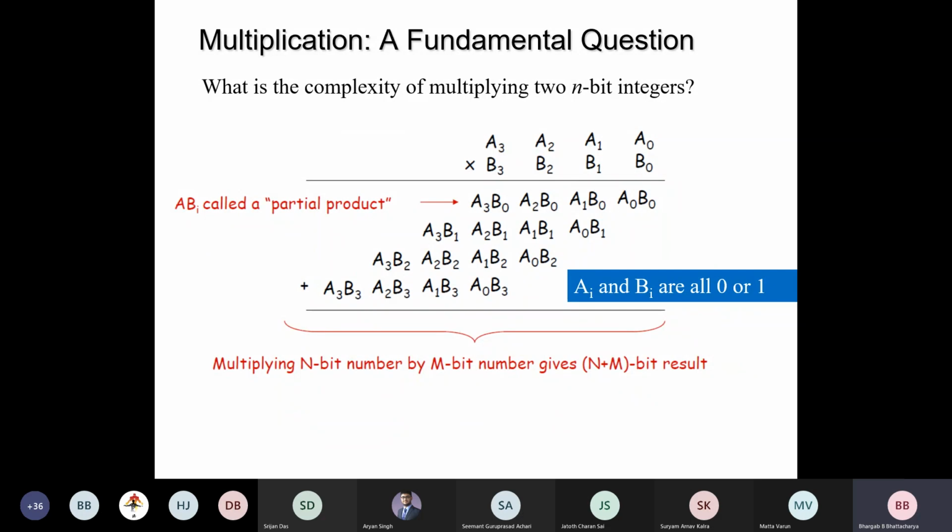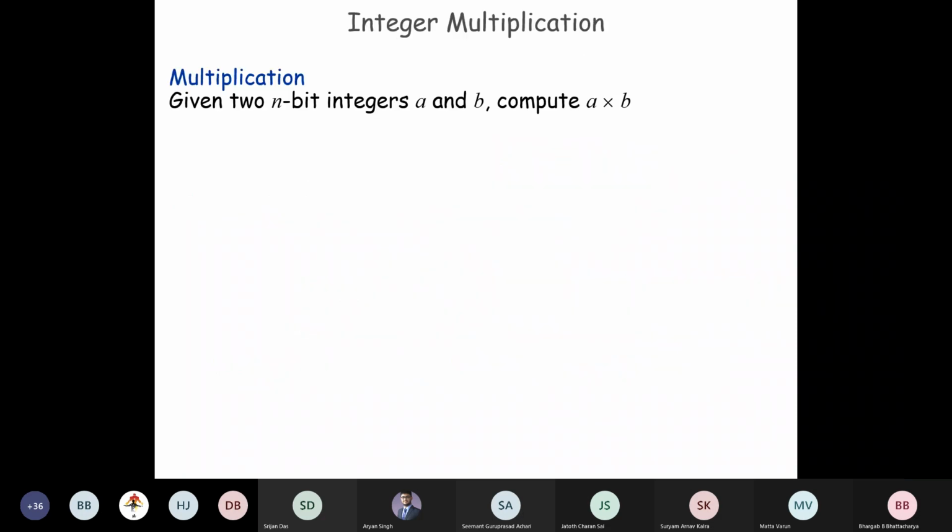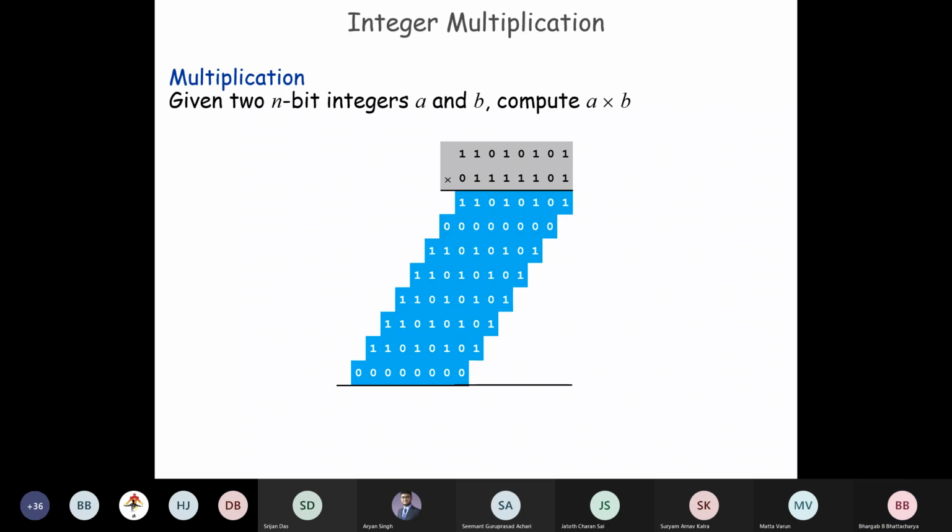From an algorithmic perspective, what is the worst case complexity of multiplying two n-bit integers? So let us give you the abstract statement of the problem. Given two n-bit integers a and b, compute a cross b. No matter what mechanism you follow or what implementation technique you adopt, you need this information, right?